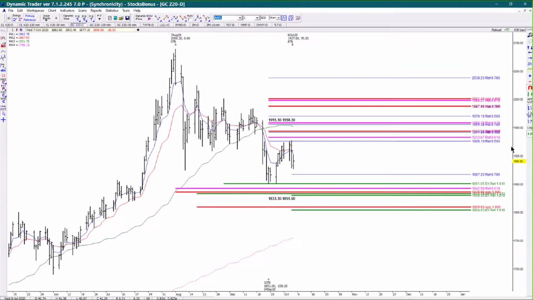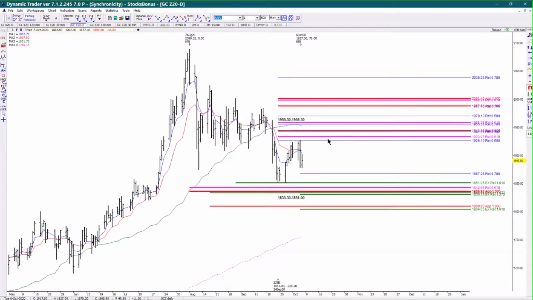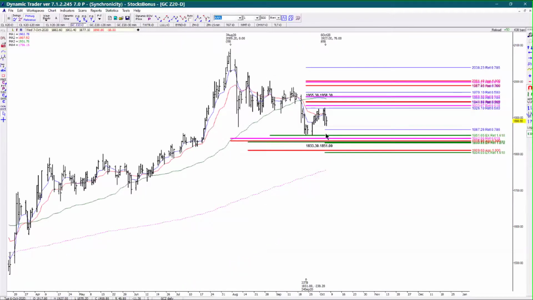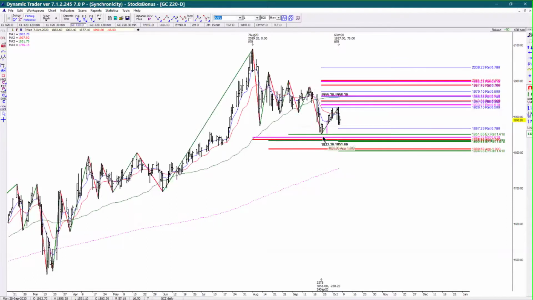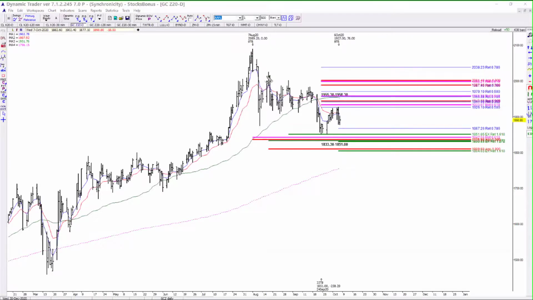So as far as gold is concerned, I'm not sure why I erased the timing, but I had timing at this last low and key price support at this 1833.30 area. The only problem is that because the pattern from the last high is still lower lows and lower highs, we had to watch for possible failure.